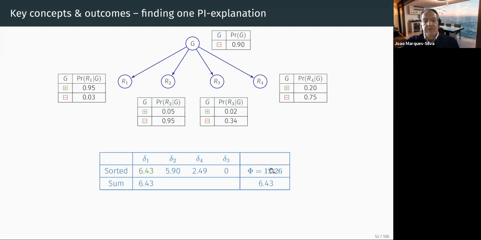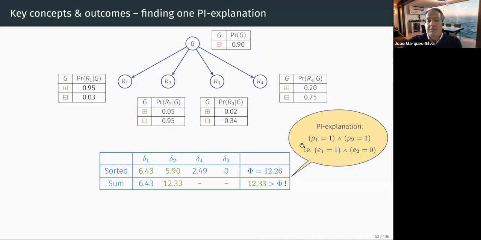So if I drop this one, I'm still fine. If I drop this one, I'm now greater than. So I need to fix these two, and these ones I don't really care. Okay. So the PI explanation is if I have this one and this one, or in the first this feature is true and this feature is true, then the value of these other two features is irrelevant. Okay.